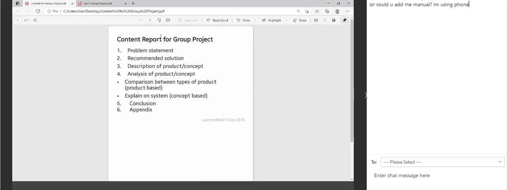If and only if you choose products that are already on the market. But if you choose to design your own product, you have a different interpretation of your own product, you don't have to compare. You just have to explain. Understand or not on the analysis of the product?